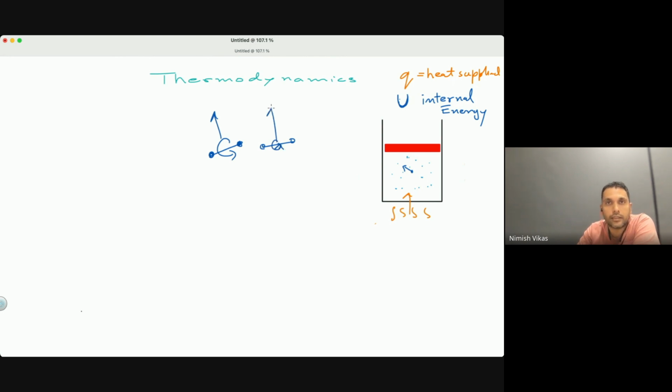Due to its translational motion, it will have translational kinetic energy. And on top of it, these atoms may be vibrating also at their own place. So due to the various kinds of motion of those atoms and molecules, they have got kinetic energy, that is called your internal energy. Is that clear, guys?